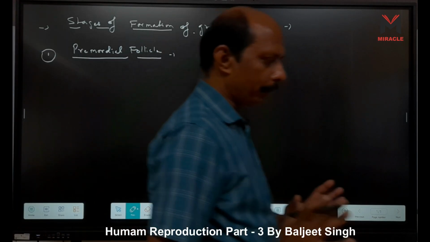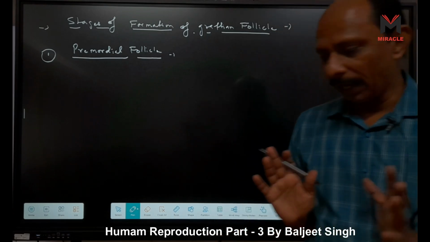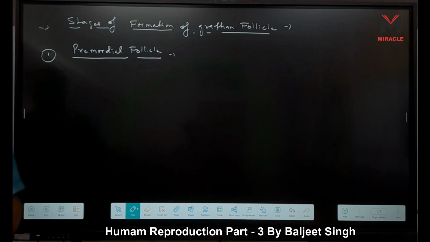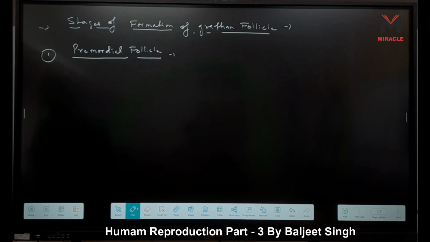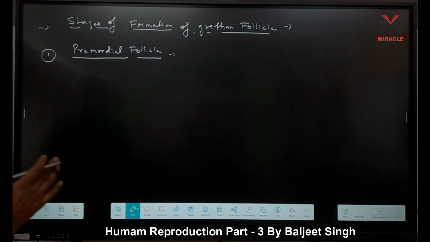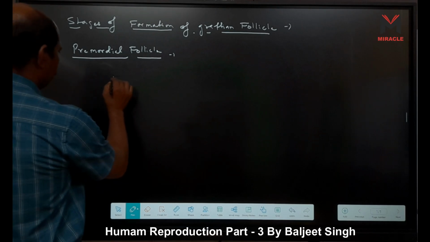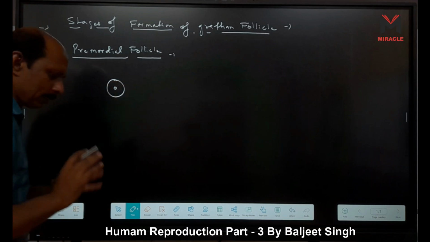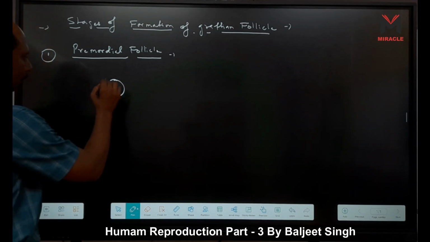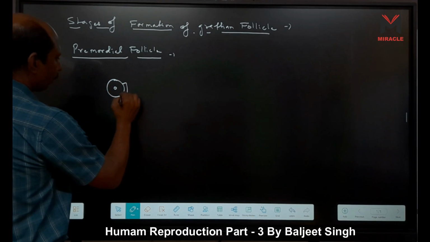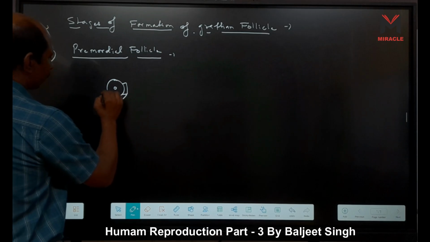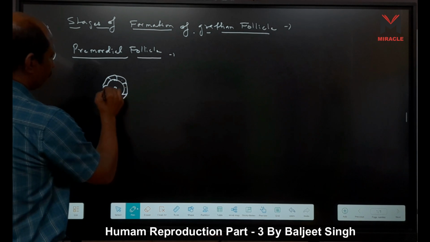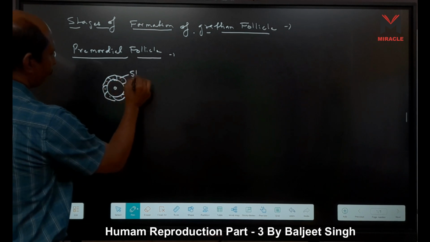Here it is a primary oocyte, right? That primary oocyte is surrounded by some stromal cells. These stromal cells are flat cells, right?